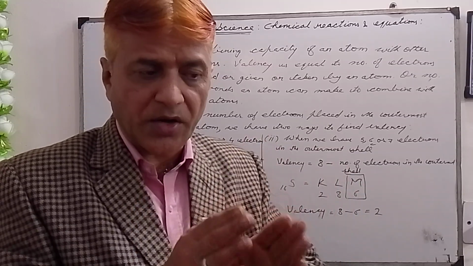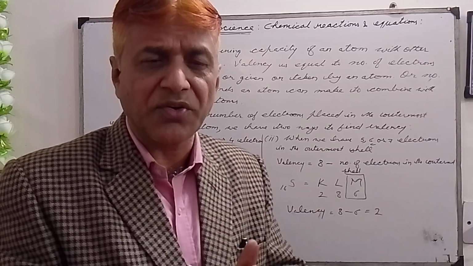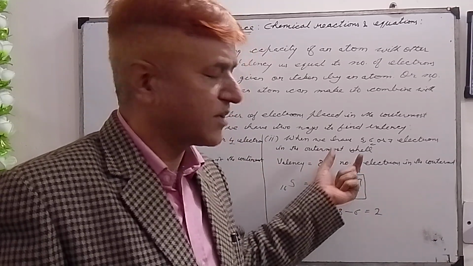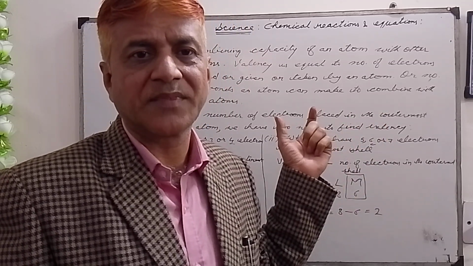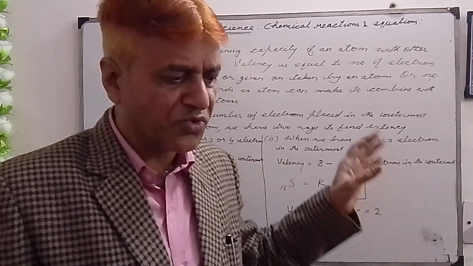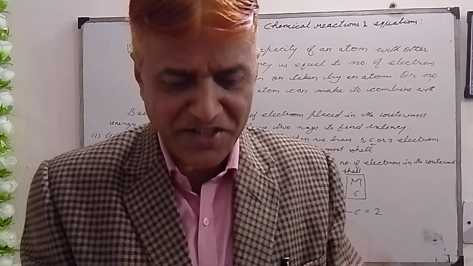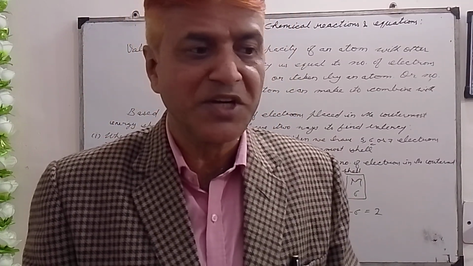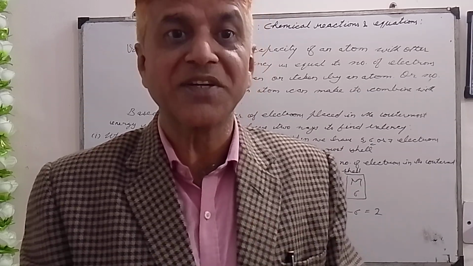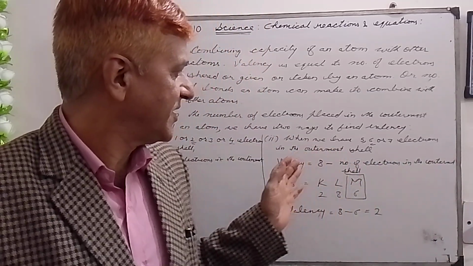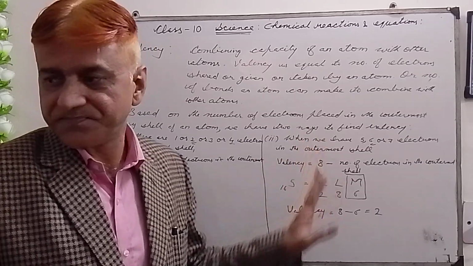If you know how to write the electronic configuration of an atom, then there is no problem in finding its valency. And if you know all these things, then I think studying chemistry will become not only easy but also interesting to you. So please work this way.